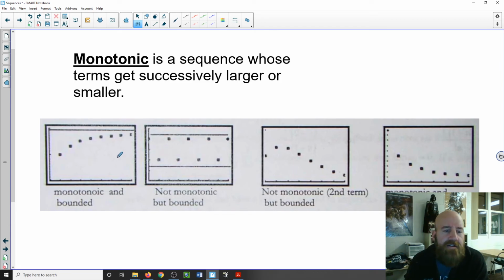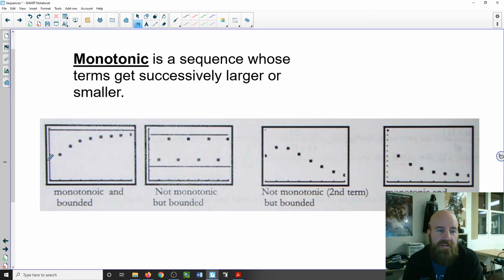The other idea here is this idea of being bounded or not bounded. So in the first one, we're growing but slowing down. So we're approaching some value here. So to be bounded, I have to have a value that I can't go past, and I have to have a value that I cannot go under.